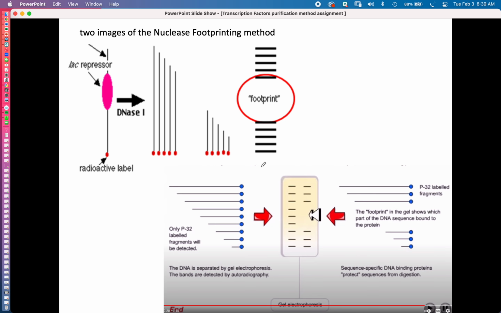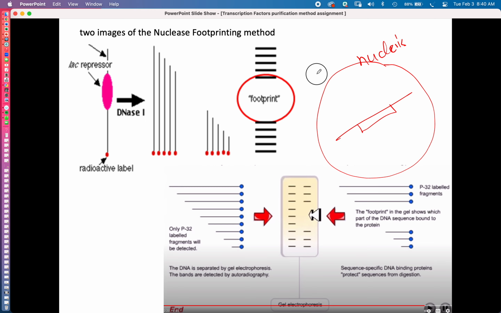Then in a test tube, we have good intact nuclei, and for short lengths of time we can add this nuclease to the nuclear prep. It can go in and start biting the DNA. We just do it for a short time, and we get random cuts.